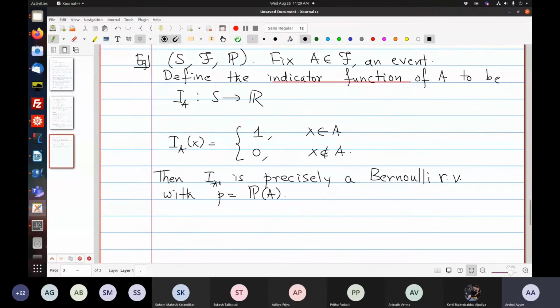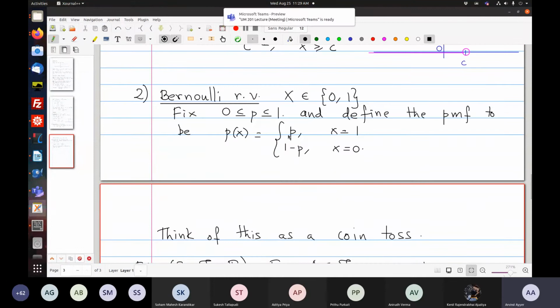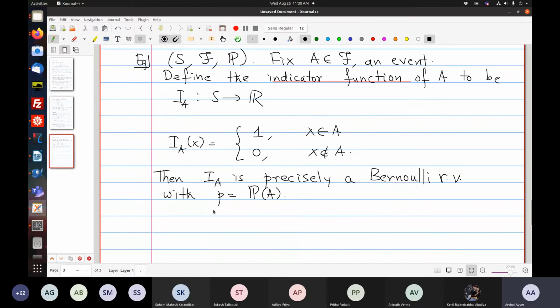Succeeding means that you landed in A, and that's why you got 1. The p was associated to 1. So the probability of success for us is precisely the probability of A.